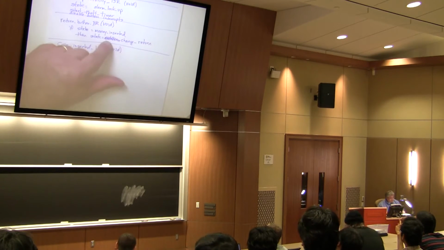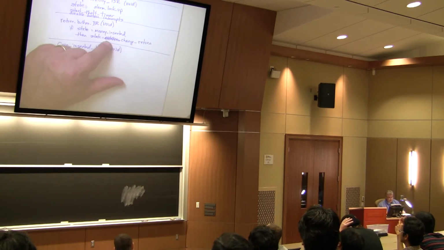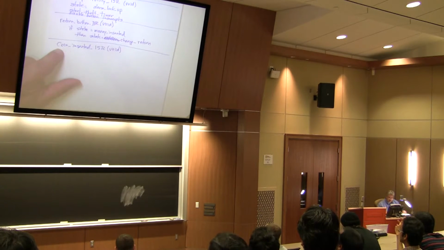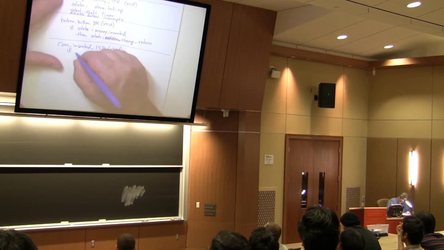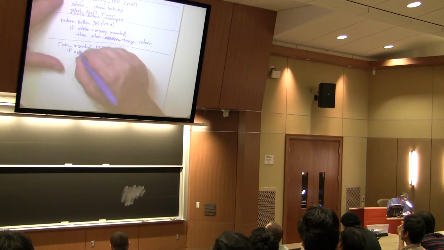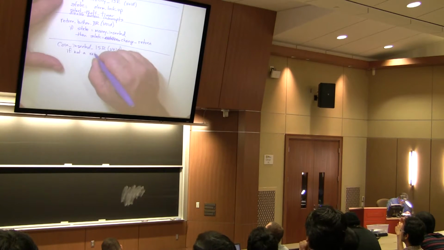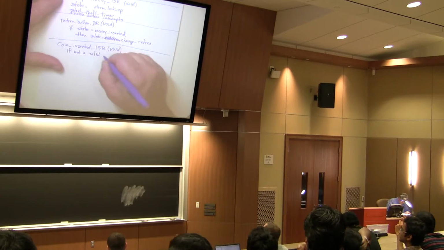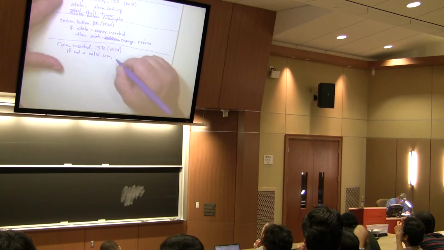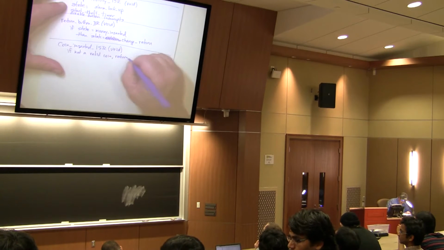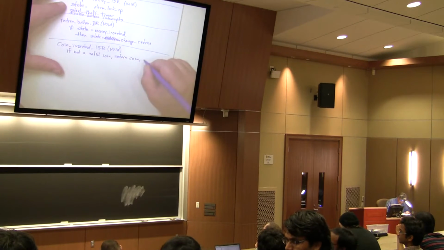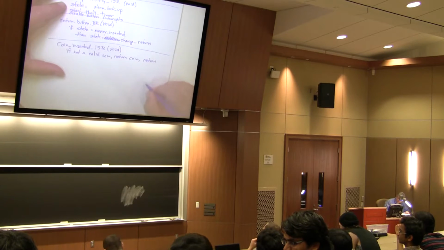If something was there, we just changed a global variable here. So coin inserted ISR, and I'll help with this one. If not a valid coin, return coin, return from this function.